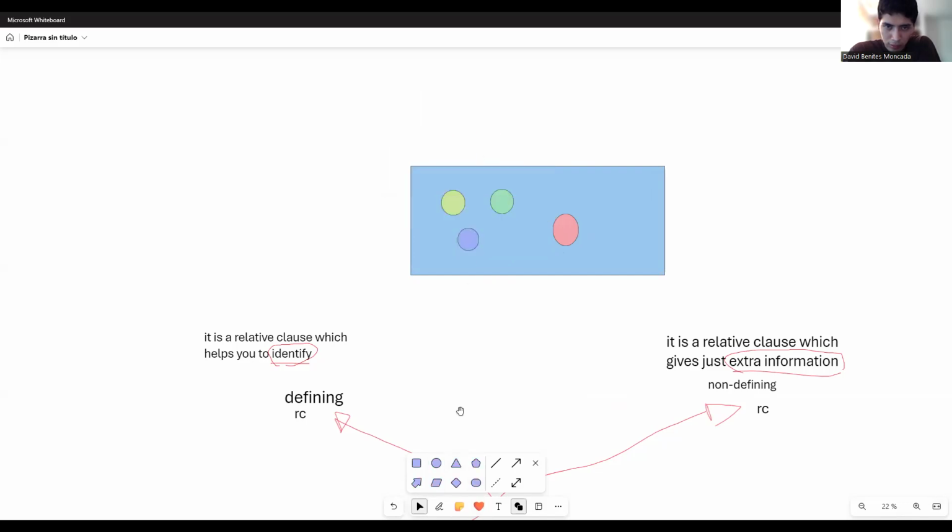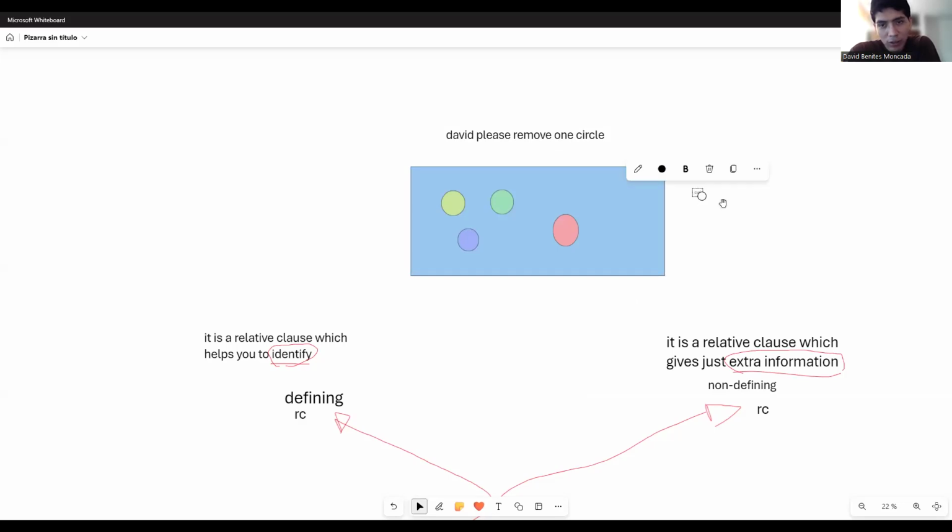Okay, if I say, David, please remove one circle. What do you do? The green circle.